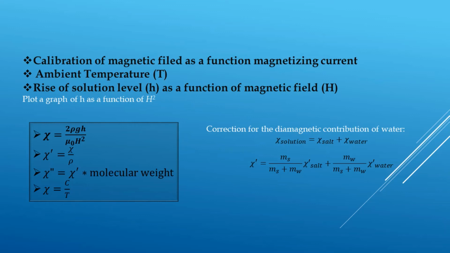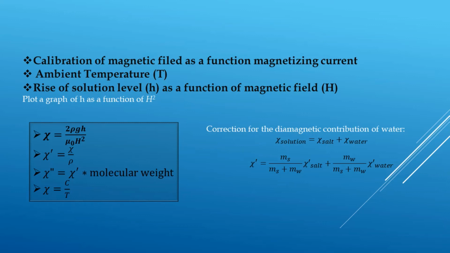Then we should note the room temperature in Kelvin, and finally we have to measure the rise of the solution level, that is the rise h, with the help of the traveling microscope, and plot a graph of small h as a function of H square, the magnetic field square.